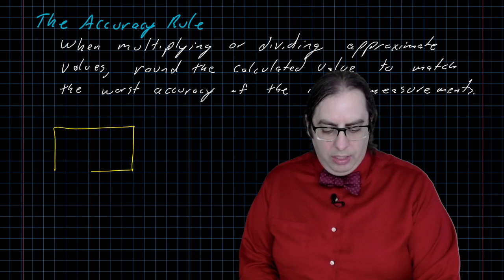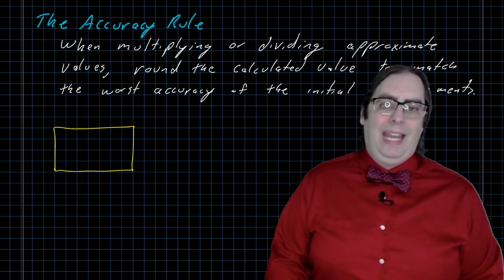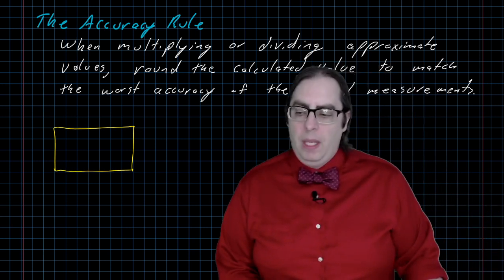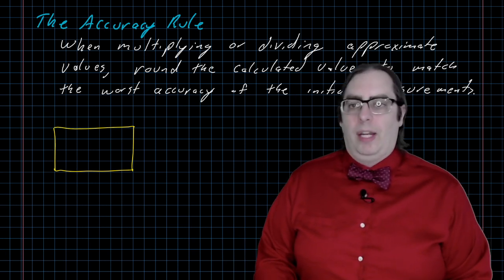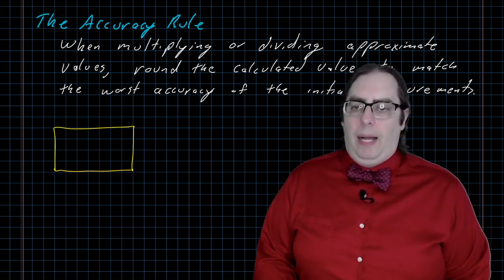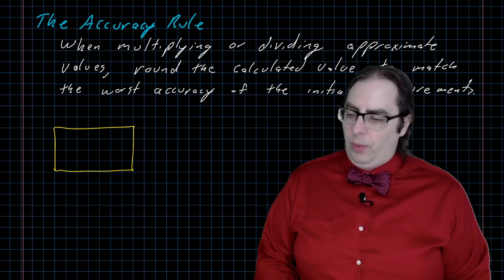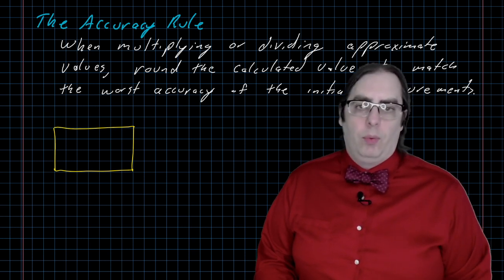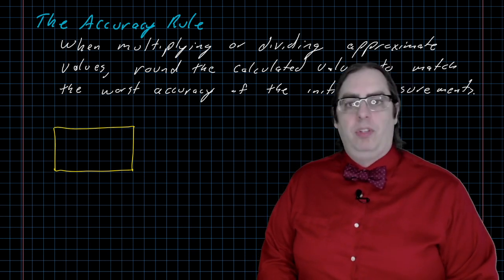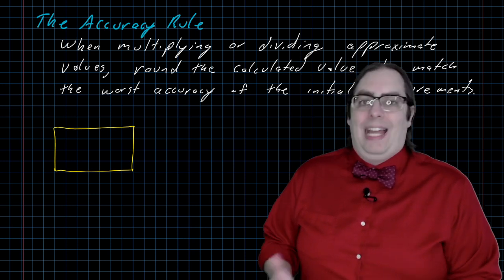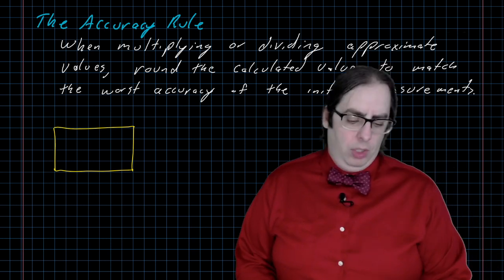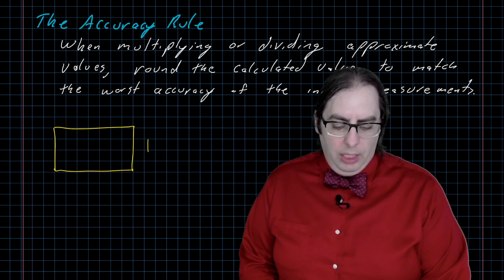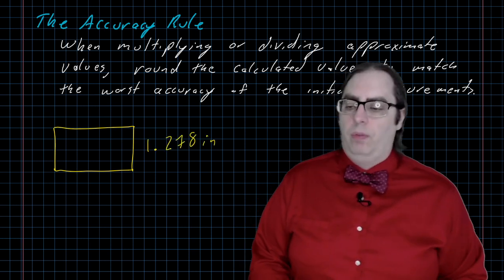All right, so let's say that we are trying to calculate the area of the rectangle. We measure the width of the rectangle using a highly precise micrometer because we have a micrometer that fits. And we get that the width here is 1.278 inches.